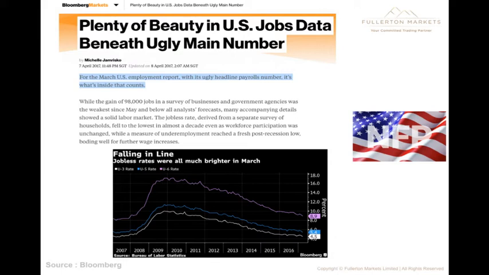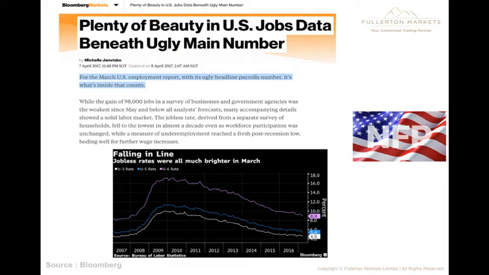But if we look beyond this number, there are other figures that we should look at as well. One of them is the unemployment rate. Interestingly, the unemployment rate fell to 4.5%, which is the lowest since August 2007.